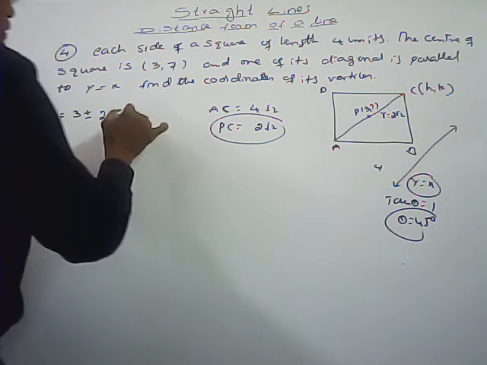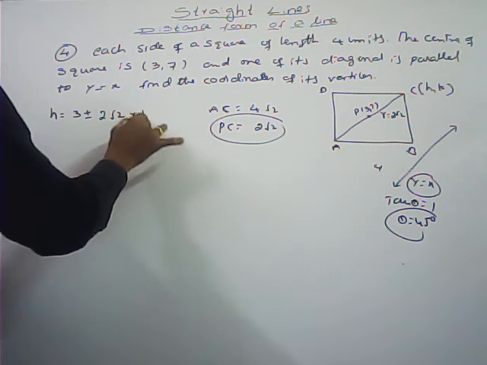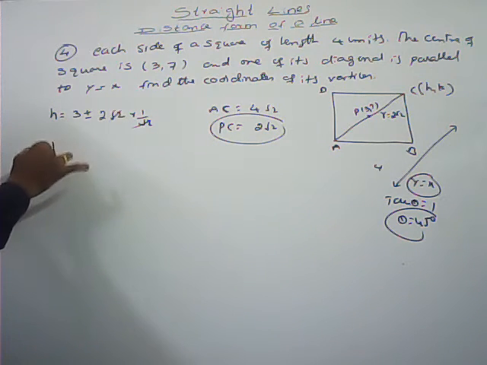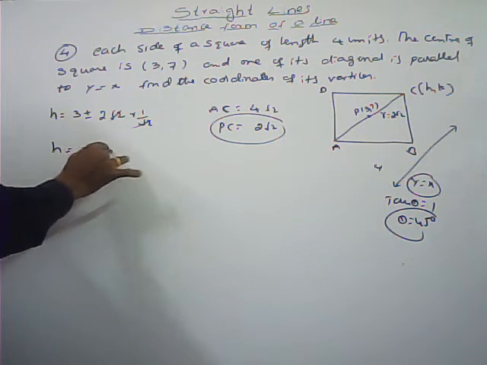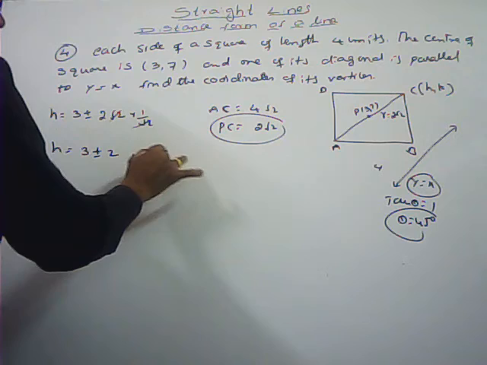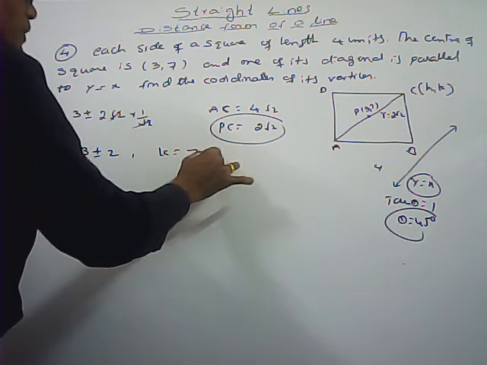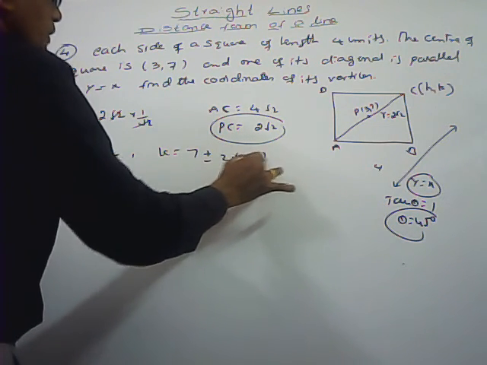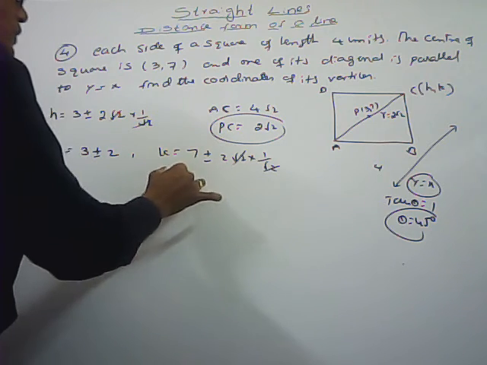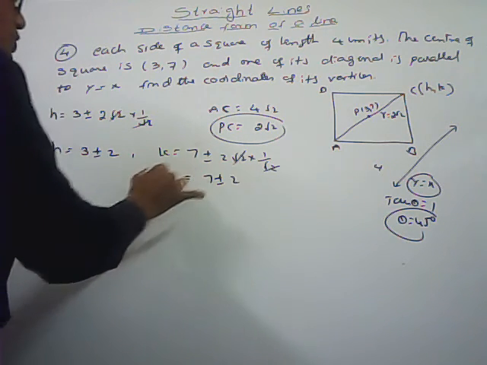Cos 45 is 1 by root 2, here root 2 gets cancelled. h is equal to 3 plus or minus 2. And k is equal to y1 plus or minus r sin 45, that is also 1 by root 2. Here root 2 gets cancelled, 7 plus or minus 2 only.